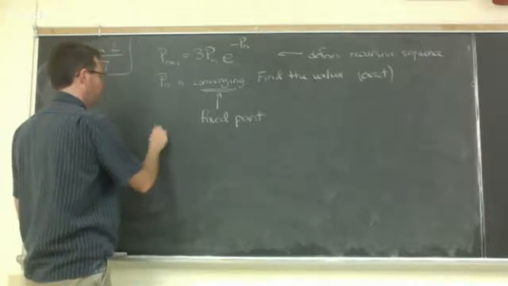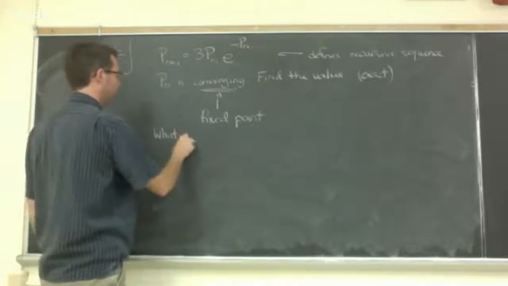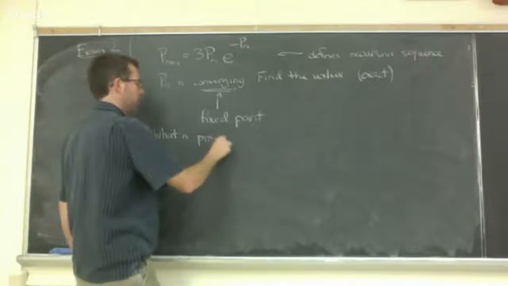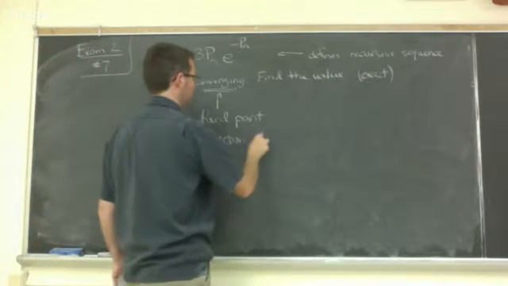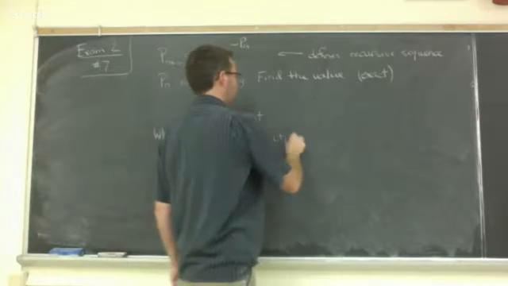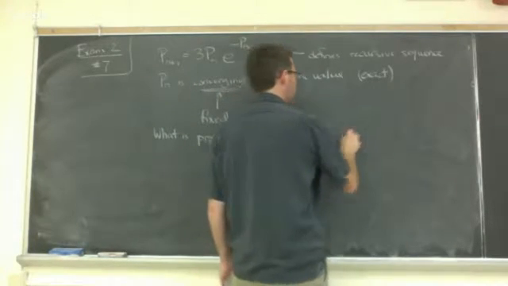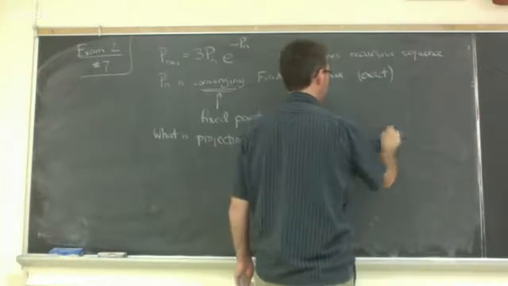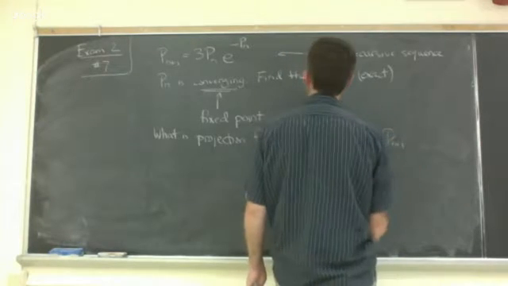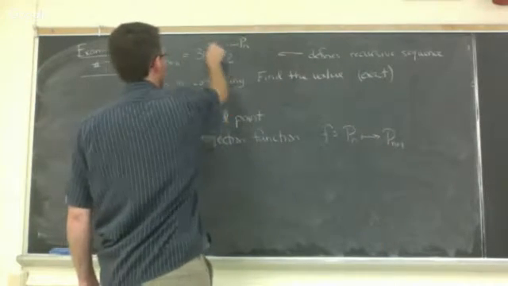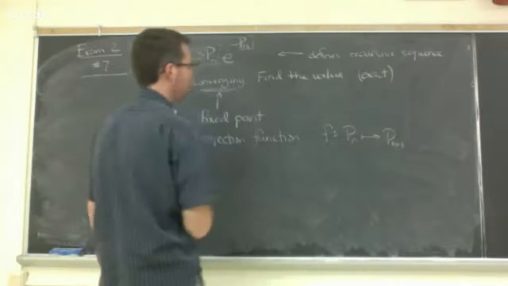So what is the projection function? It's the function that's taking the old value and using it to predict the new value. So let's see, here is where my old value is being used.